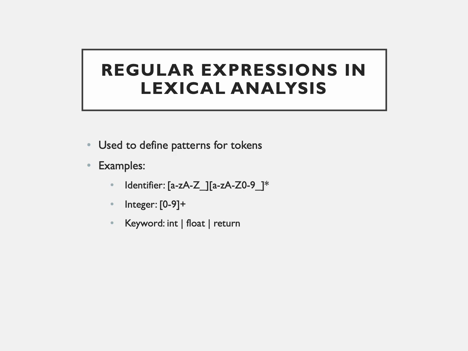For example, if you look at the identifier, the pattern A-Z, a-z, this is the pattern which matches variable names or function names in programming languages. For example, myVar1 or temp would match this pattern.